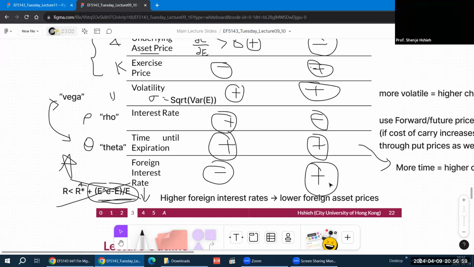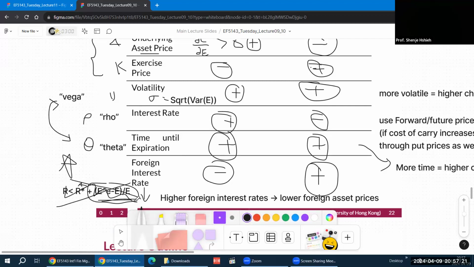Okay, so the more I think about this, the more I'm confused. I think the best way to think about this is just to interpret foreign interest rates like dividends. So let me revisit my notes. Let's disregard what I said here.